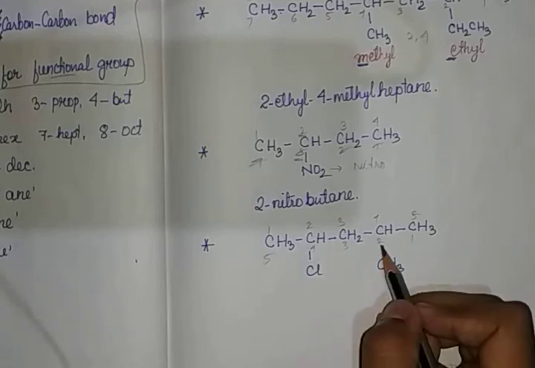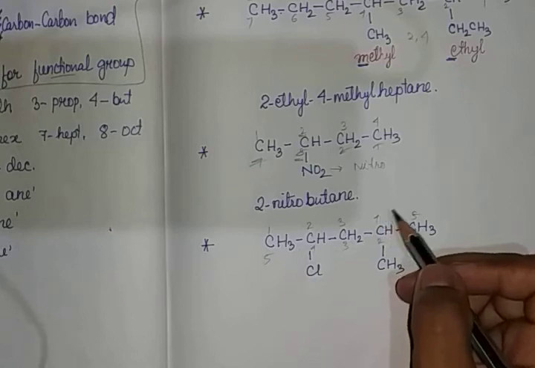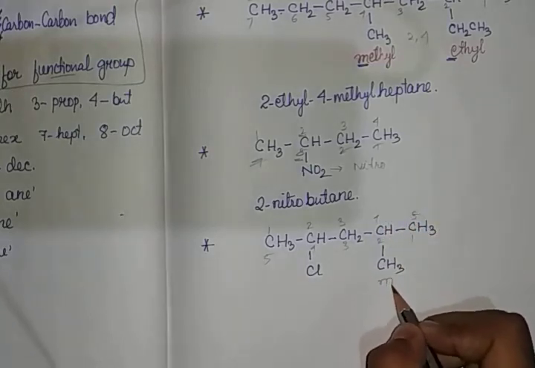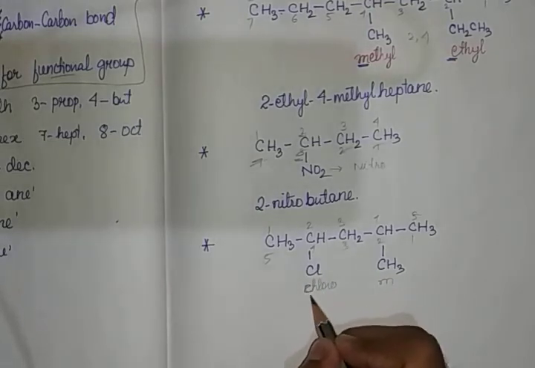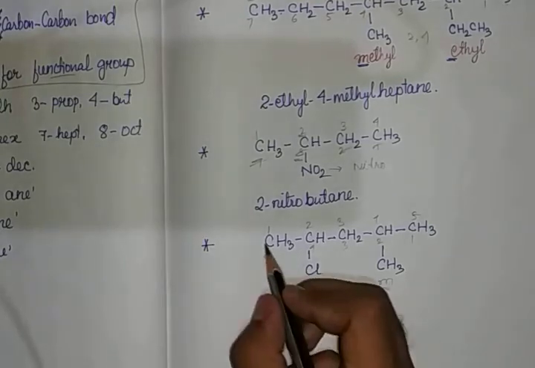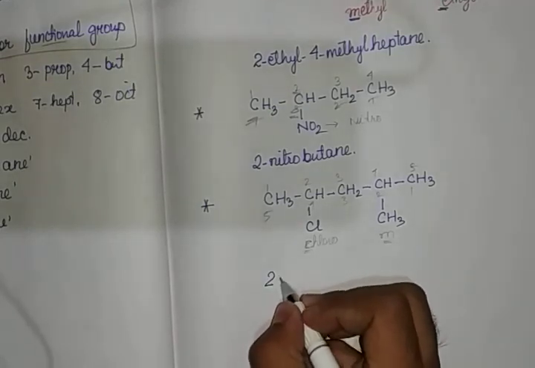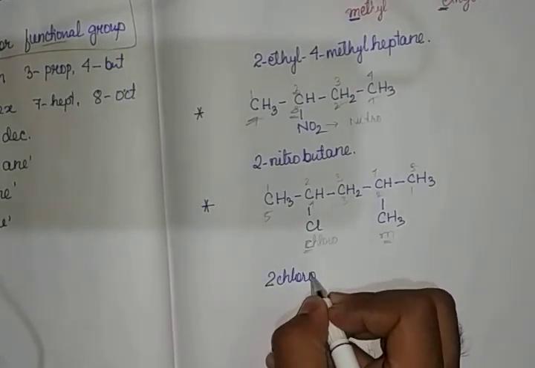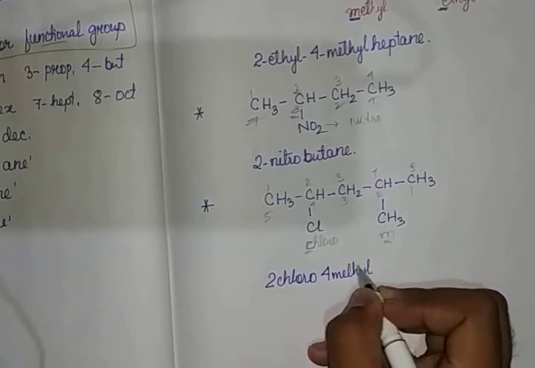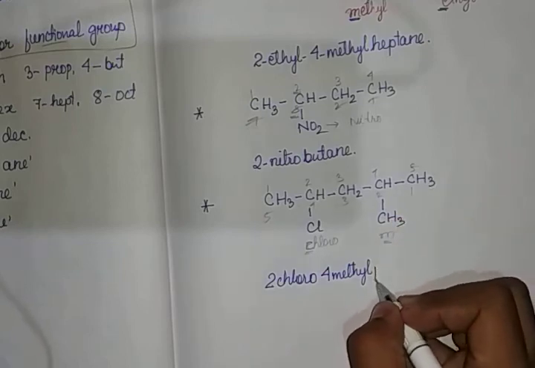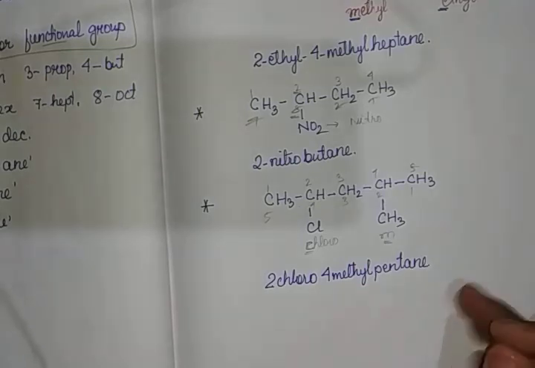And if we are starting from this side, then also 2 and 4. Then in that case, the priority will be given to the alphabetical order. Alphabetical means if this is methyl and this is chloro, then in C and M, which come first? C comes first, so we will have to consider this one. So the name for this one will be 2-chloro, 4-methyl, total number of carbon 5, pentane. This will be the name for this one.